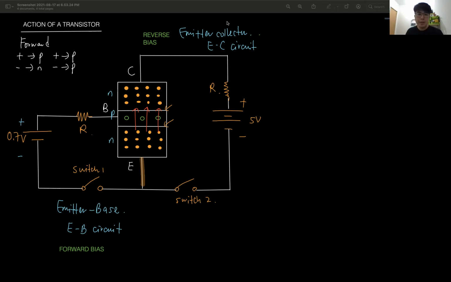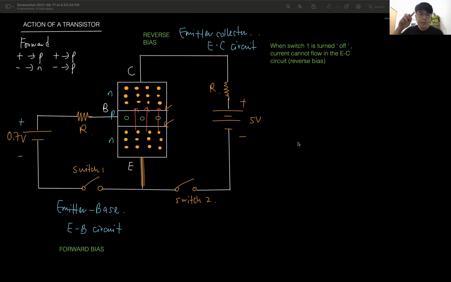Let me write it down here. When switch 1 is turned off, meaning that no current, current cannot flow in the EC circuit. Why? Because it is reverse bias.